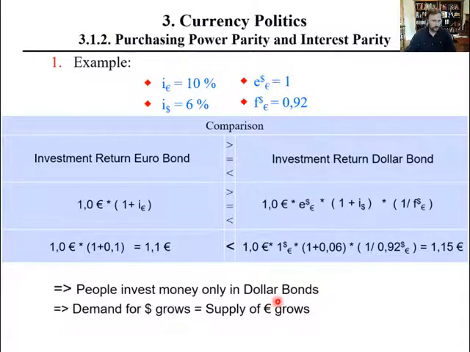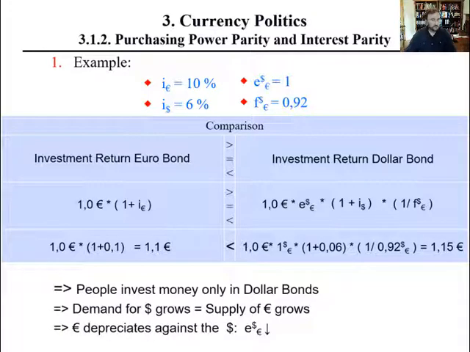If you want to buy dollar bonds, you need dollar. And if demand for dollar grows, we know that this also means that the supply of euro grows. As a result, the euro depreciates against the dollar.